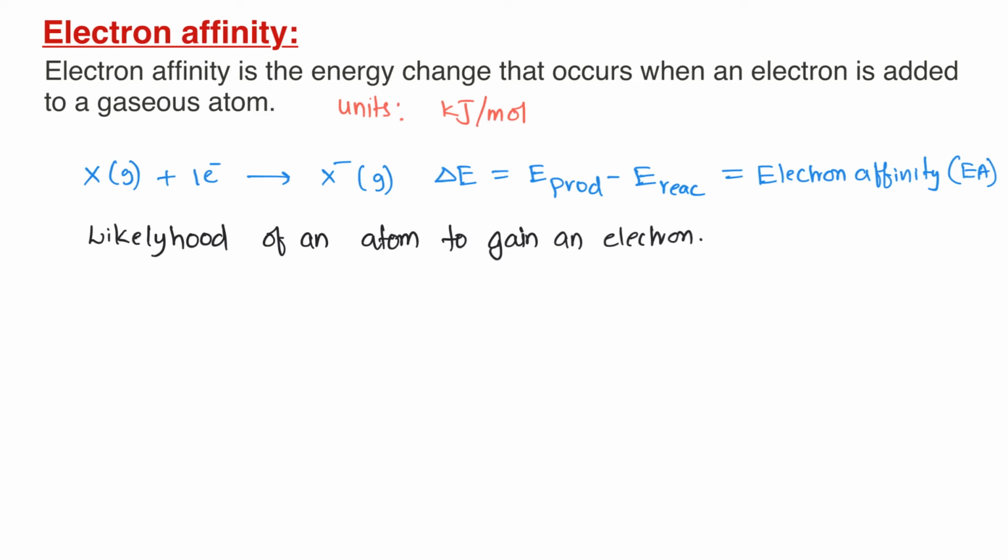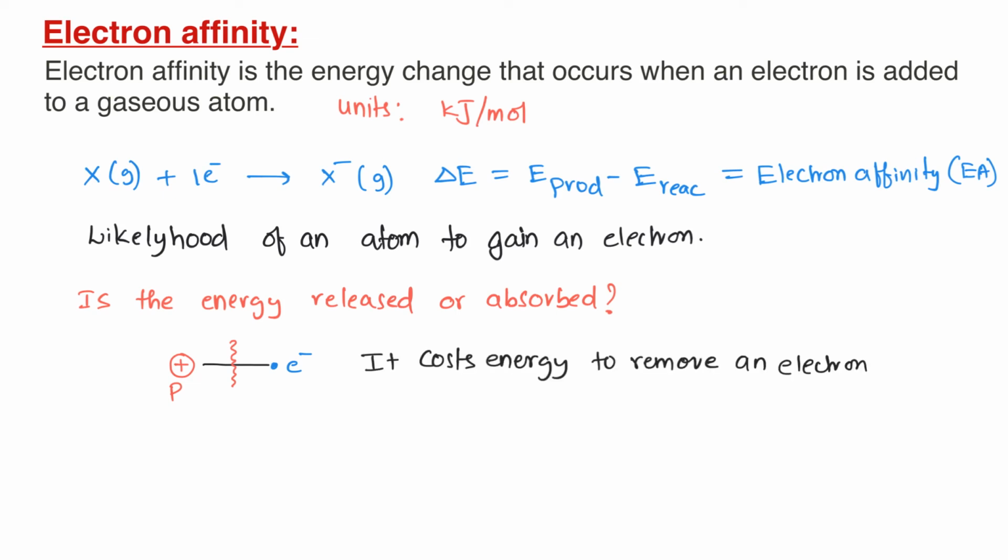So, what do you think this energy change will be? That is, is the energy released or absorbed? When you remove an electron from an atom, we break a bond or electrostatic force of attraction between the nucleus and the electron. So, it requires energy.